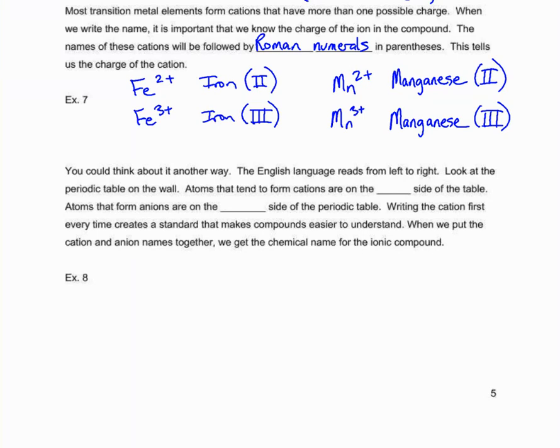Atoms that tend to form cations are on the left side of the table. Atoms that form anions are towards the right side of the periodic table. So if we read left to right, then it would make sense that the cation, which is already on the left, comes first, followed by what's on the right.